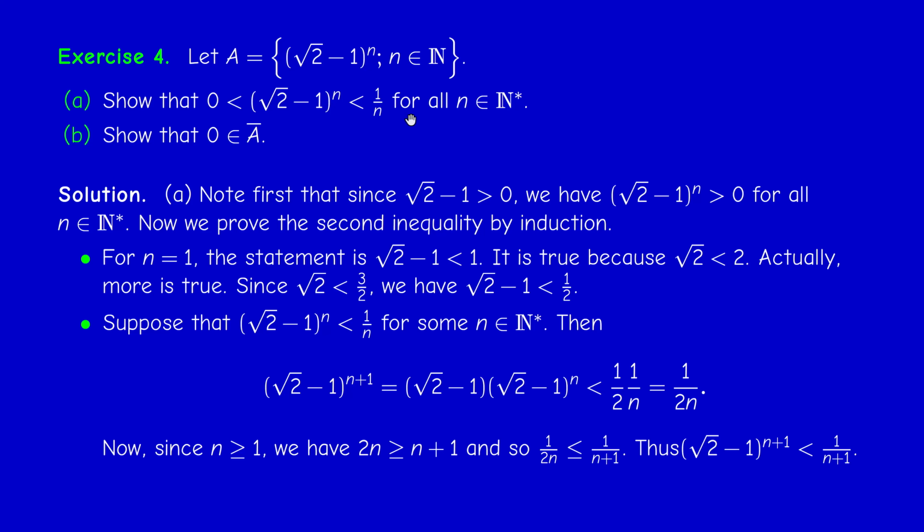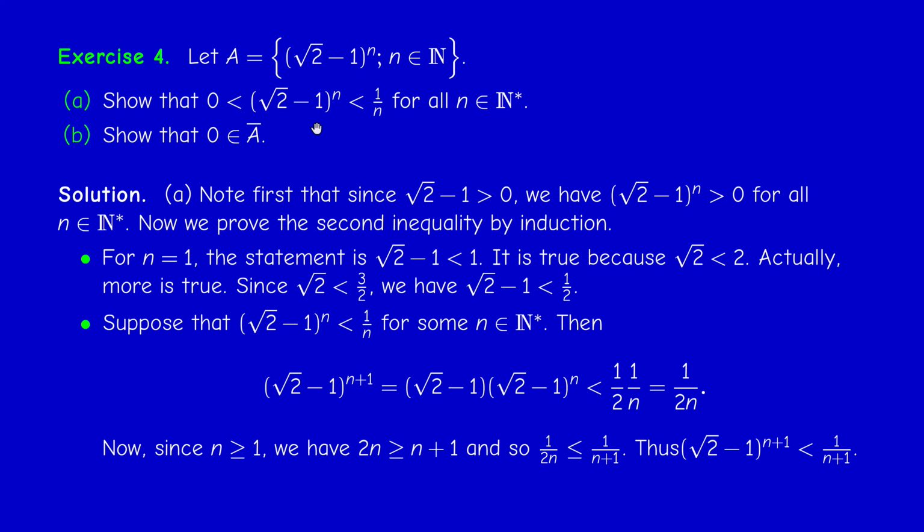Now, this inequality is just an exercise in mathematical induction, but is not really required in the proof of the second part. I can deduce B from A, of course. Why? Because the first inequality tells me that, in particular, radical 2 minus 1 to the n tends to 0 as n tends to infinity.